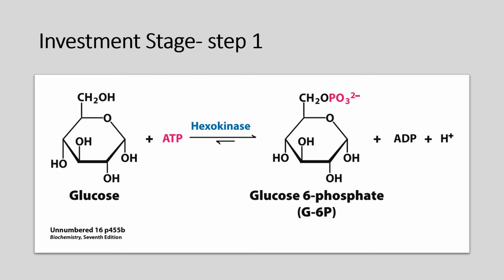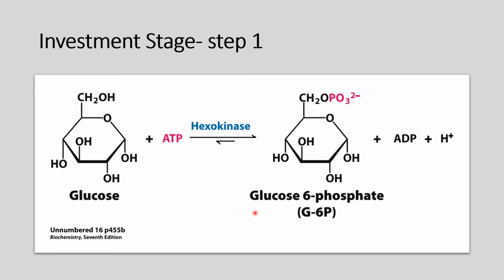So in step 1 of this first stage, glucose makes its way into the cytoplasm within the cell, and the enzyme hexokinase takes a phosphoryl group from the ATP molecule here and adds it onto the carbon number 6.